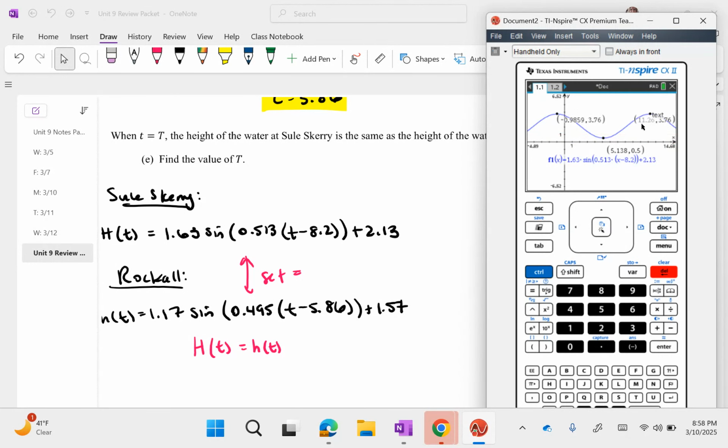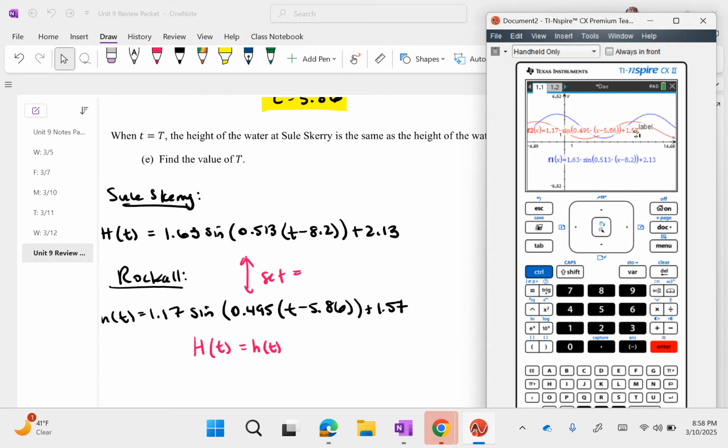Okay. And then I'm going to get rid of these just to reduce some noise on the graph here. All right. Now I'm going to add the second graph, which was 1.17 times the sine of 0.495 times x minus 5.86. Close all those parentheses, plus 1.57.